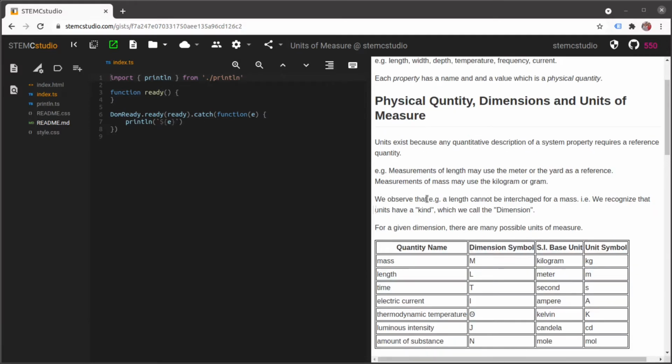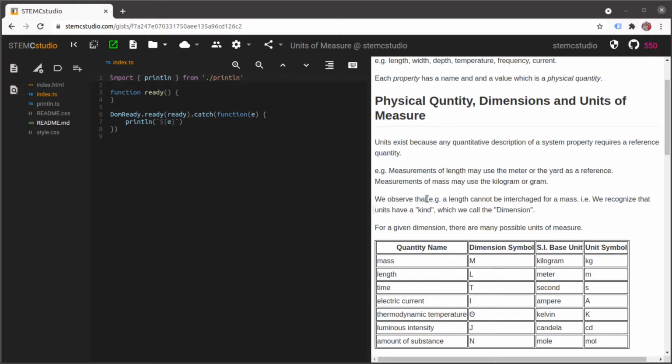But there is something a little bit more interesting going on than just the units themselves. For example, let's say the quantity that we want to measure is a mile, and a mile is 1,760 yards, or about 1,600 meters. It actually doesn't really matter what unit of measure we choose.